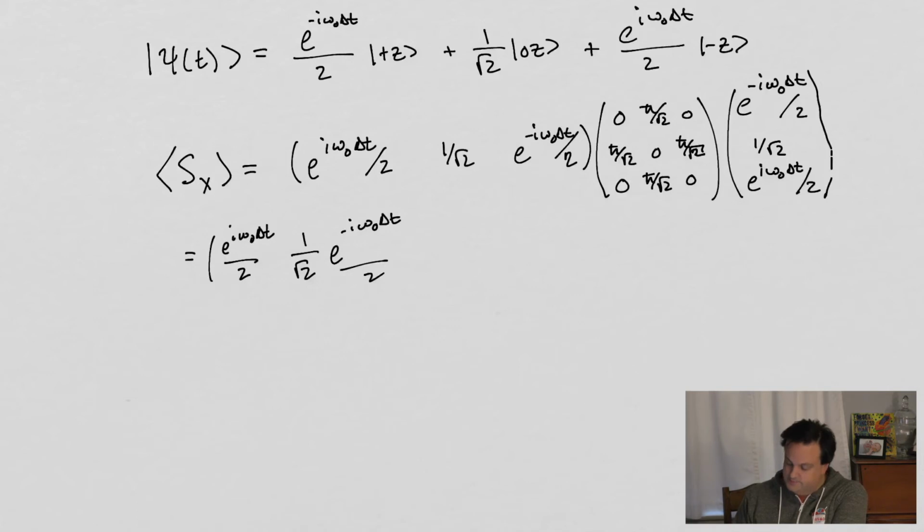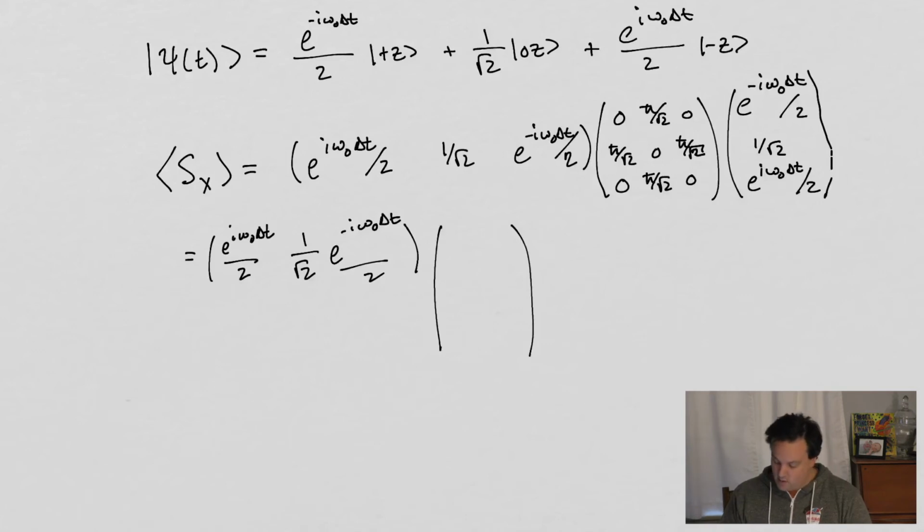Now, when I do out this ket, I actually have to do a bunch of matrix multiplications. So the top one is 0 times the exponential plus h bar over the square root of 2 times 1 over the square root of 2 gives me a 1/2. The next one, this is cool. And I should say there's an h bar there.